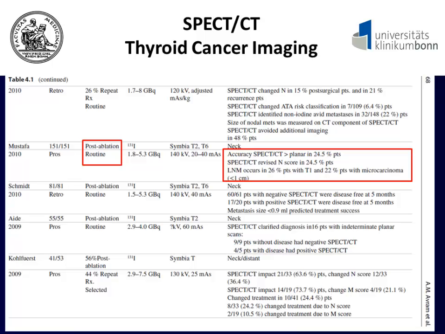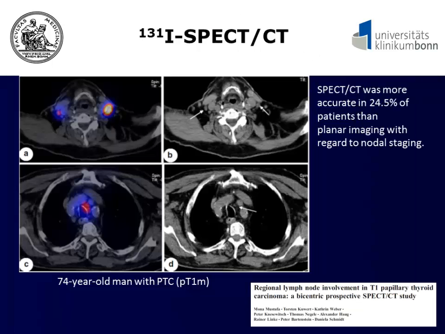Interestingly, they showed in their imaging that lymph node metastases occurred in about 26% of patients with T1 tumors and also in 22% of patients with microcarcinoma. It means a tumor of less than 1 centimeter.